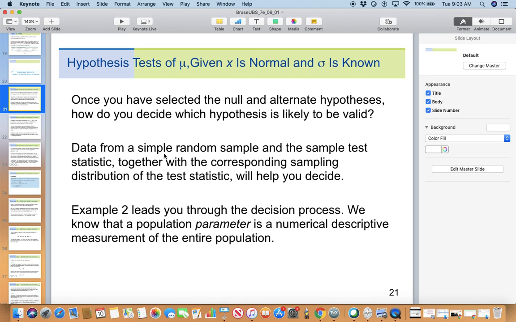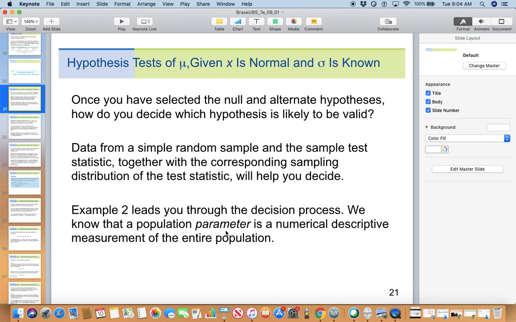Data from a simple random sample and the sample test statistic, together with the corresponding sampling distribution of the test statistic, will help you decide. So what is it? Data from a simple random sample. Then you take the sample test statistic and use that along with the corresponding sampling distribution. Okay, we will go through this decision process in example 2.